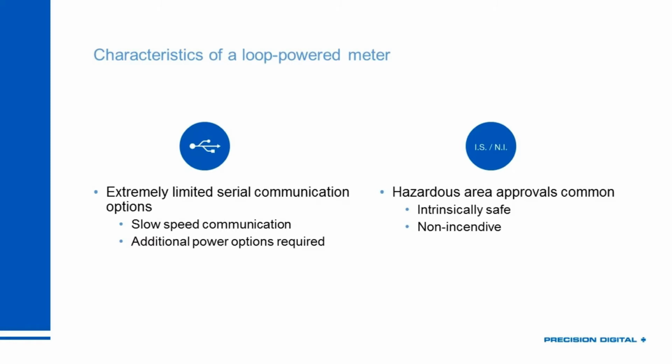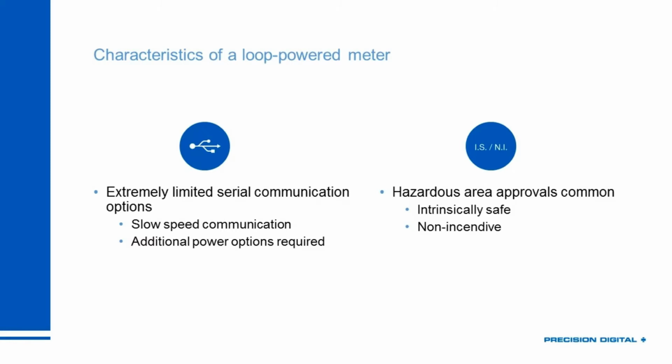On the plus side, because they're such low power devices, intrinsically safe and non-incentive hazardous area approvals are very common on these. The design lends itself very easily into intrinsically safe and non-incentive designs.